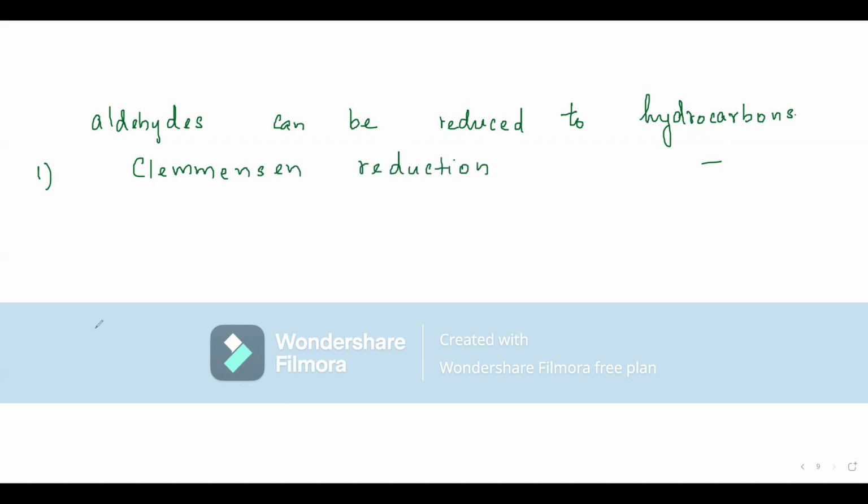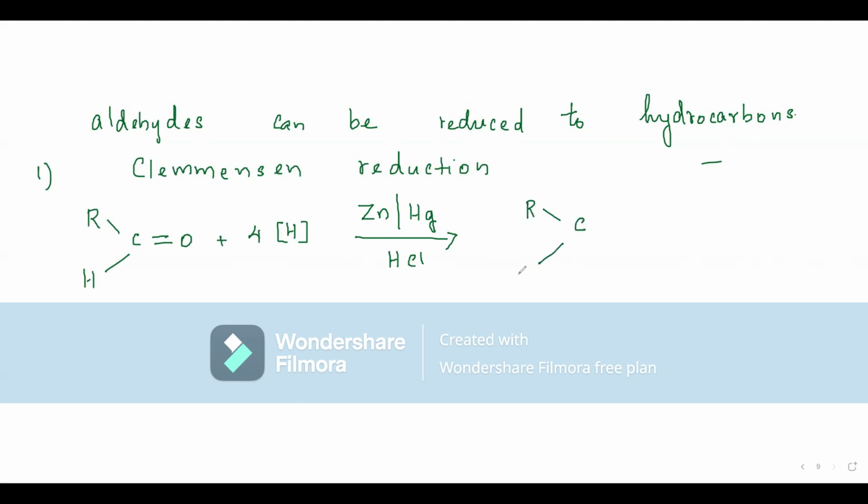Now, in this Clemmensen reduction, you will need aldehyde or even ketone, that is CHO, treated with nascent hydrogen. Nascent hydrogen is provided by zinc amalgam in HCl. Zinc amalgam in HCl is used in Clemmensen reduction. And the product is RCH.